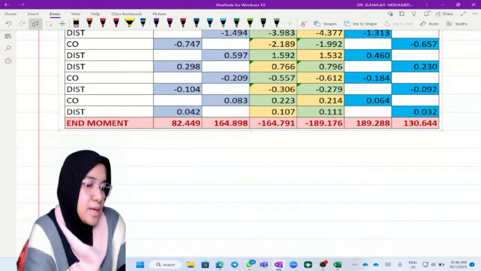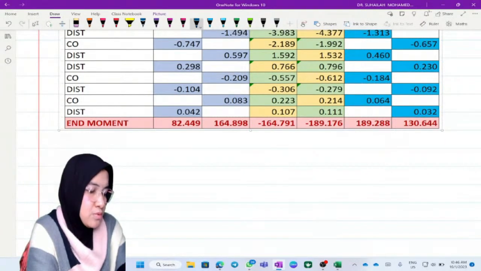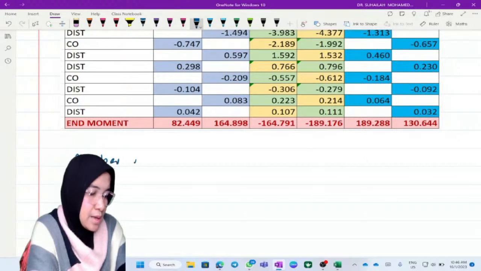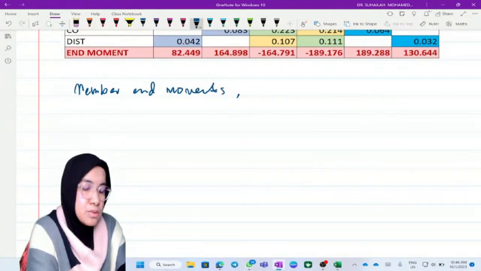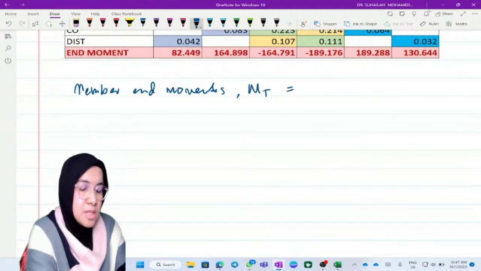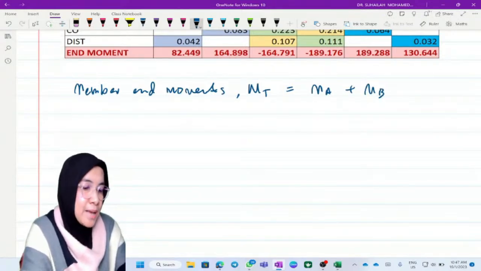So now we have to total the moment. We want to find the member end moment. So it is M total, this is MA plus MB.